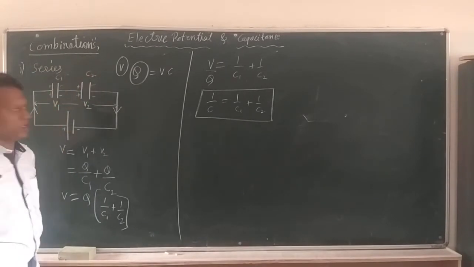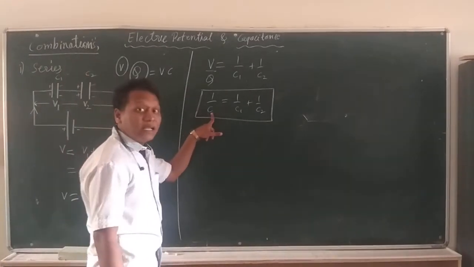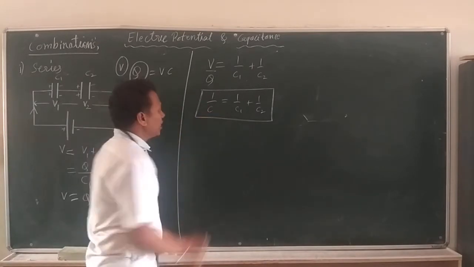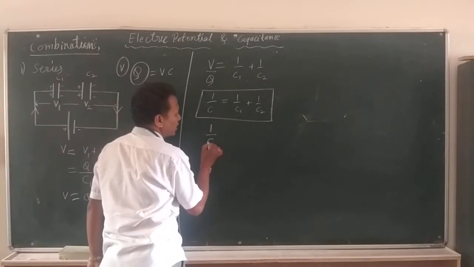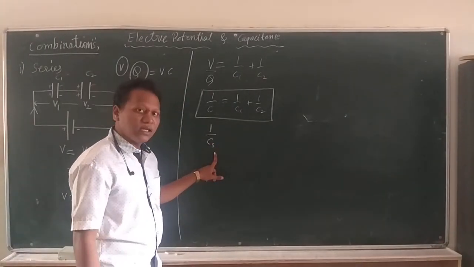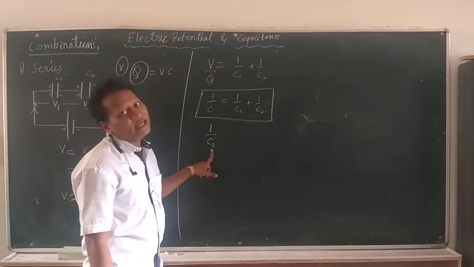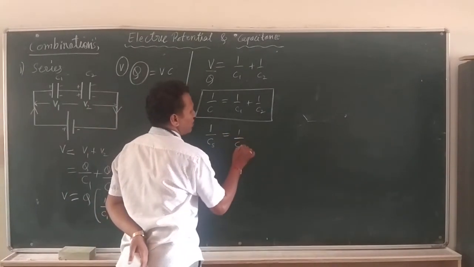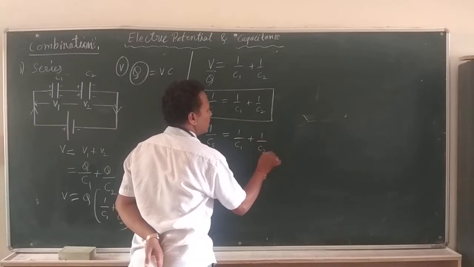So what is C? It is the equivalent capacitance. Because of that we write 1 by CS, where CS is the capacitance in series combination. So 1 by CS is equal to 1 by C1 plus 1 by C2.